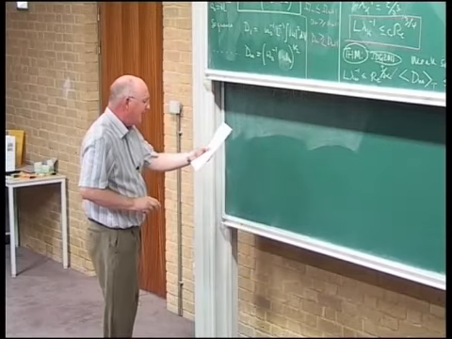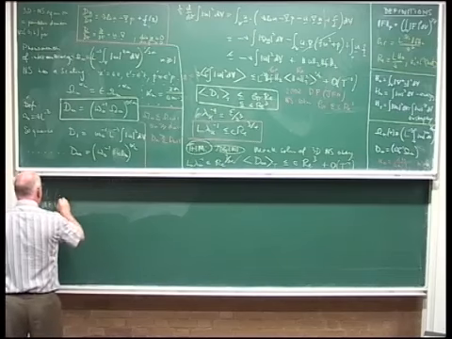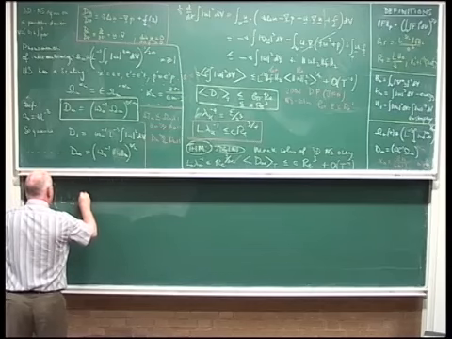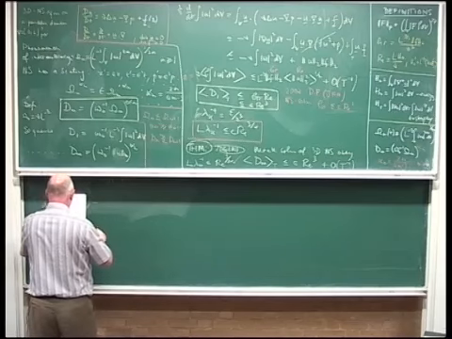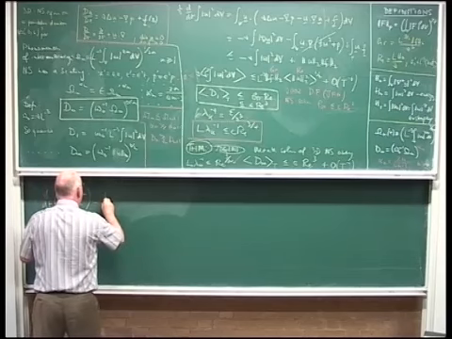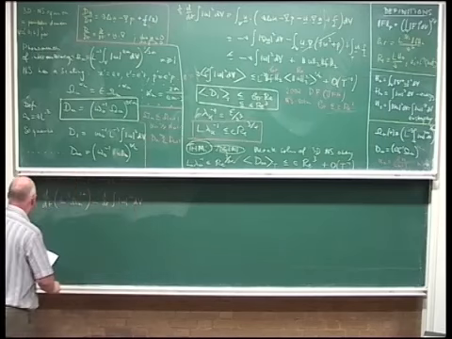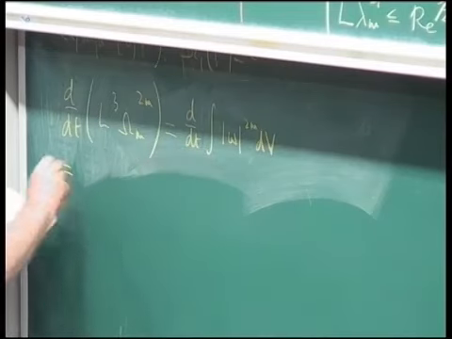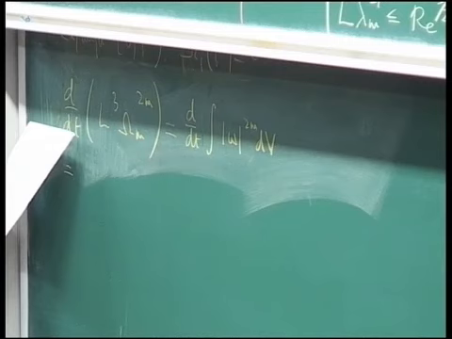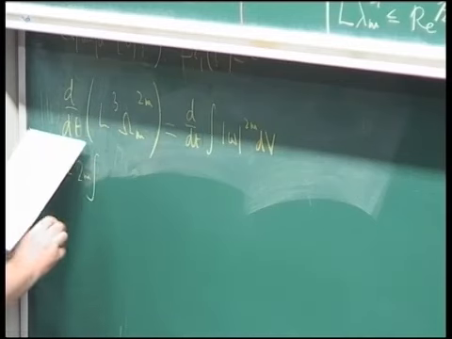Now I'm going to do one calculation, just to show you the flavour. What is that? That's none other than 2m, d by dt. This is my definition of omega to the 2m. So that equals the integral of 2m times the integral.